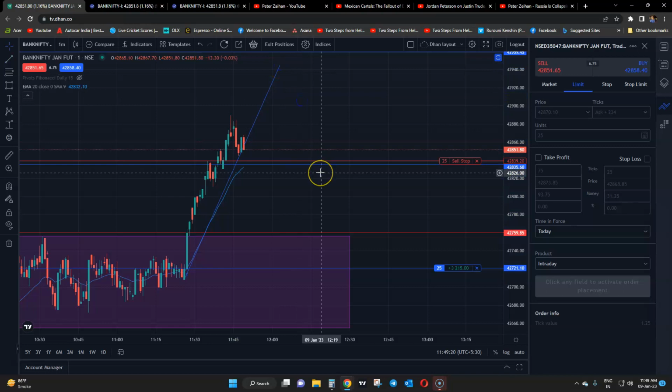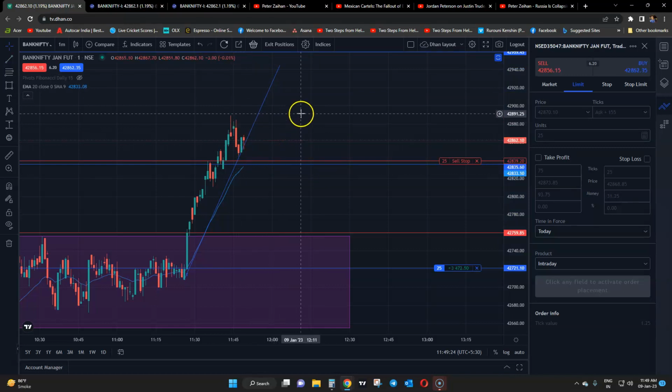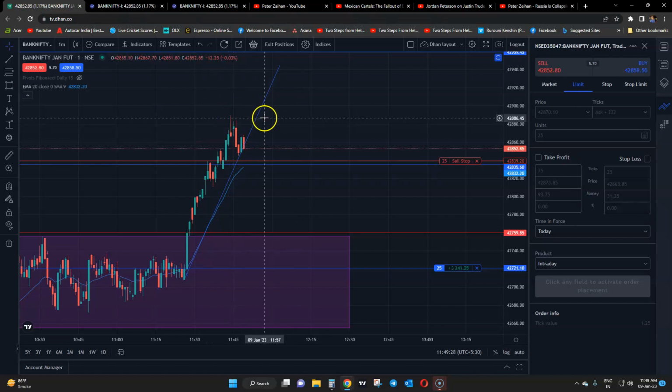Wait for the trend line break. See if it is a retest. So I think you can hold your position till the retest if you want to. Well, it depends on how badly you want to be a part of this.